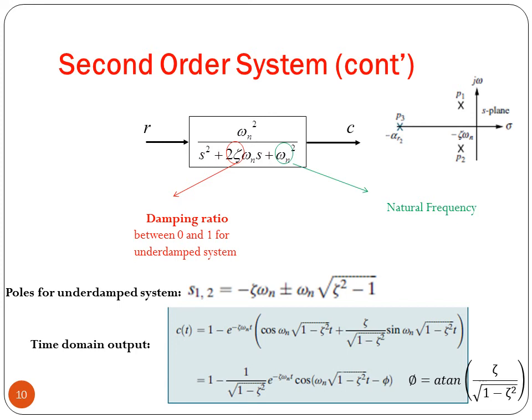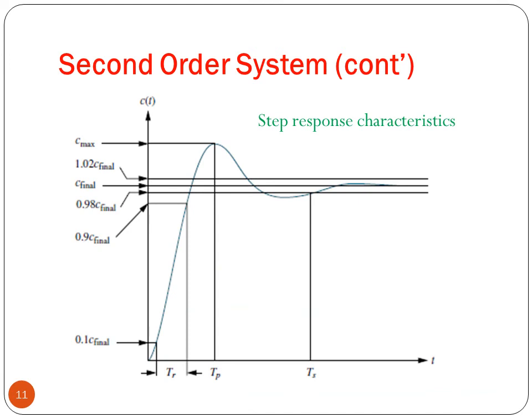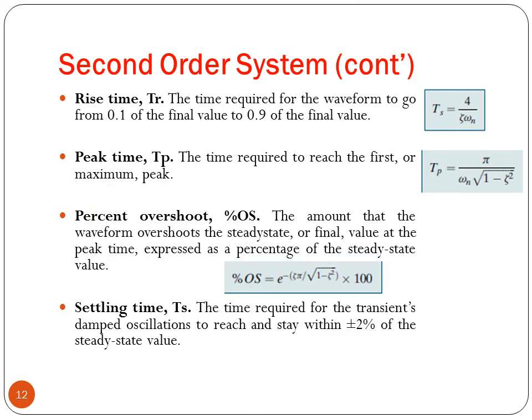And here we can notice that theta equals arctan of zeta over square root of 1 minus zeta squared. So if we look deeper into the response of the system, we can define or determine several values such as TR, TP, TS, and TD, and the maximum overshoot. Here we'll define these values.